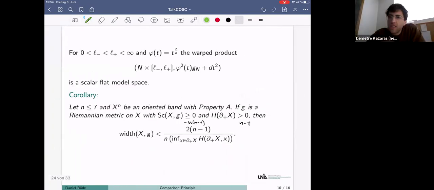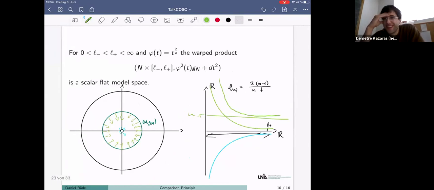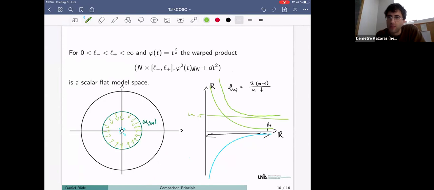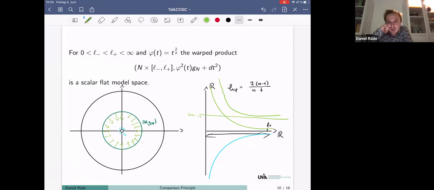All right. Sorry, I'm trying to understand this. Can you give me a model space? What are some examples of these things? You said in dimension one, 2, you get the flat R2 as an example. What's a 3-dimensional one? I don't know, you take a flat 2-torus and do the same warping function.